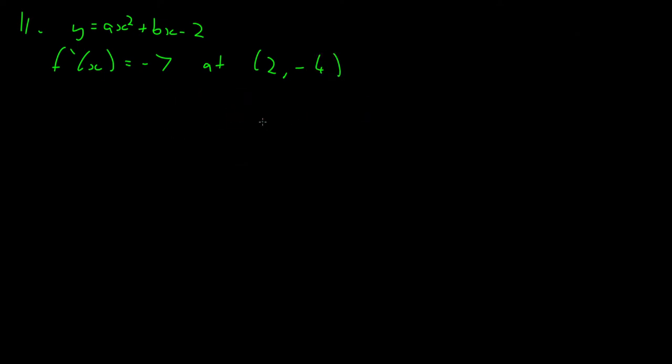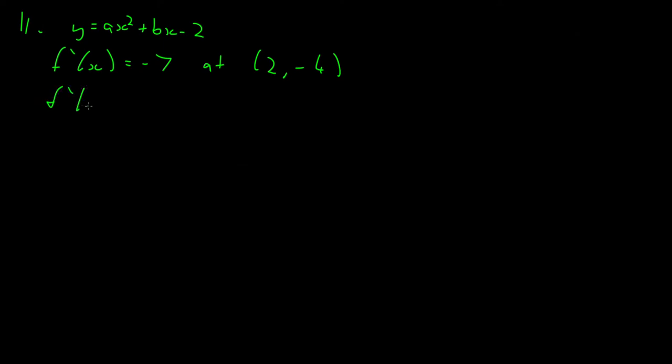You might be wondering, there's 2 variables, but only one bit of information. But there are actually 2 bits of information here: when x equals 2, the gradient is minus 7, and the other is that it passes through the point 2 comma minus 4. So we can start setting up 2 simultaneous equations.